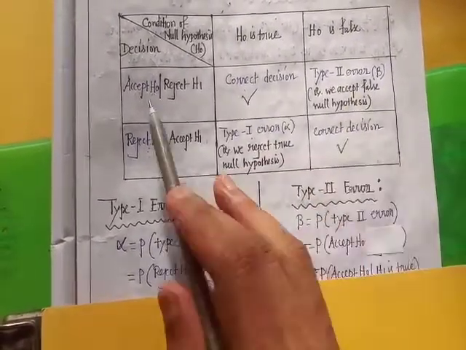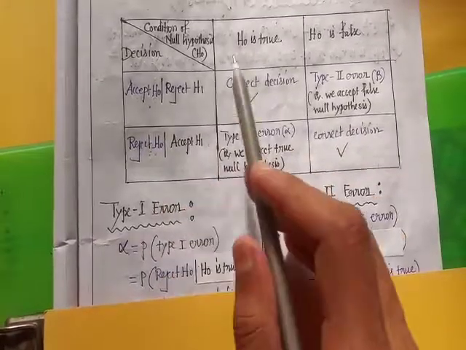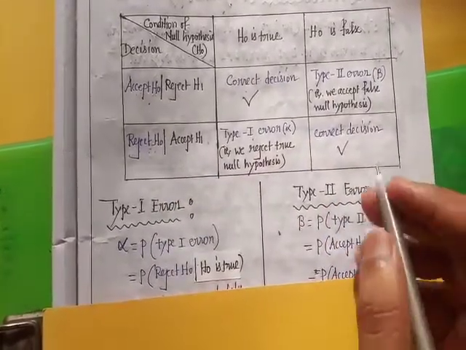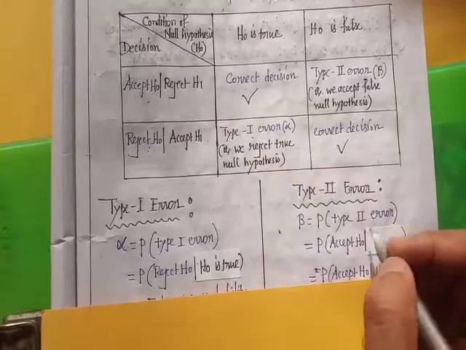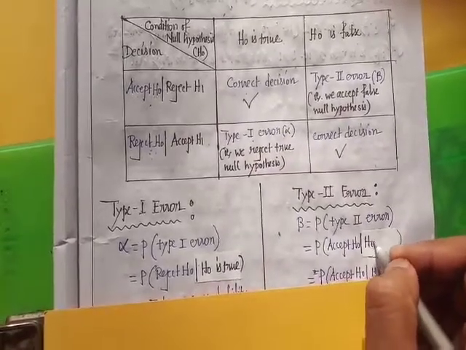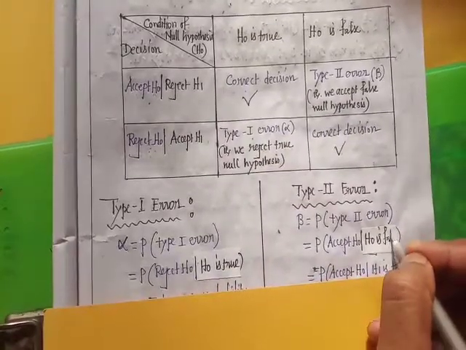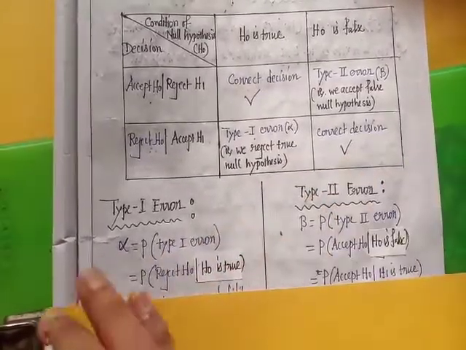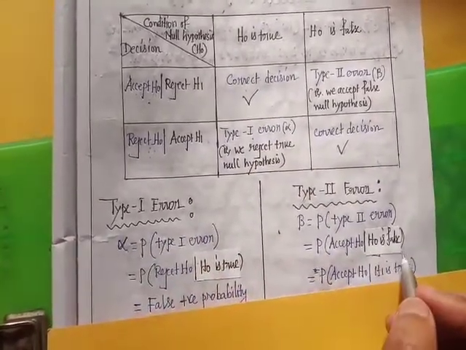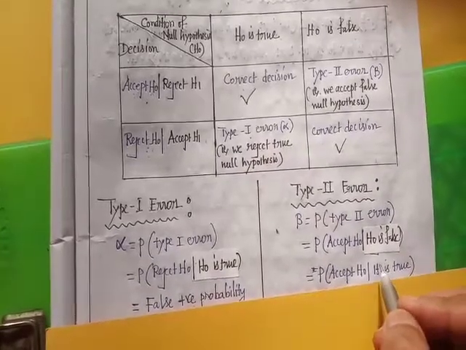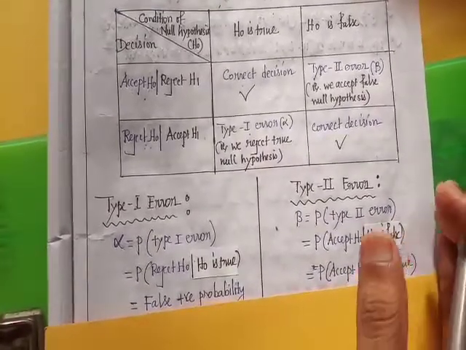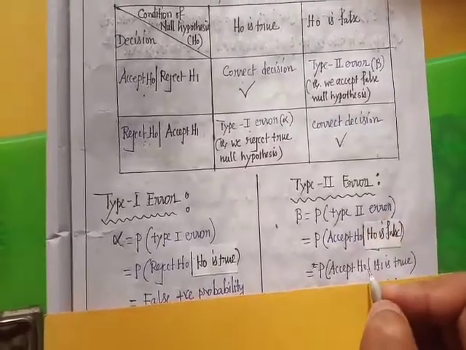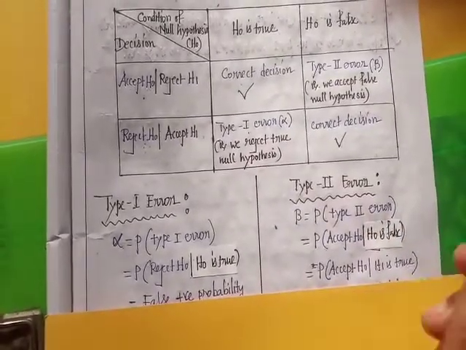Type 2 error means accept H0 when H0 is false. H0 is false means H1 is true, since H1 is the complement of H0. So accept H0 when H1 is true.